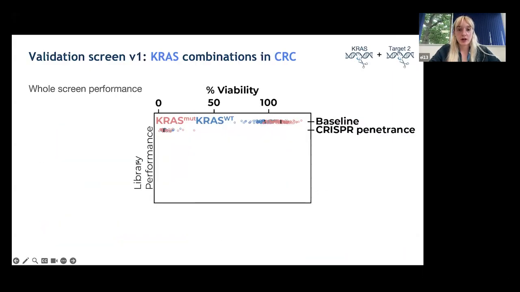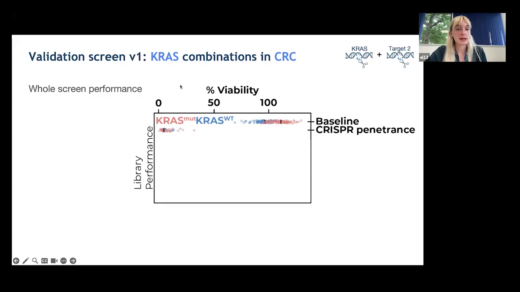So next, I'm showing you what the data looks like when we ran those 56 targets through the arrayed validation pipeline. This plot illustrates the overall performance of the validation screen. I've got a representative KRAS mutant and a KRAS wild type cell line. Each dot on the plot represents the effect that a combination has on cell viability.